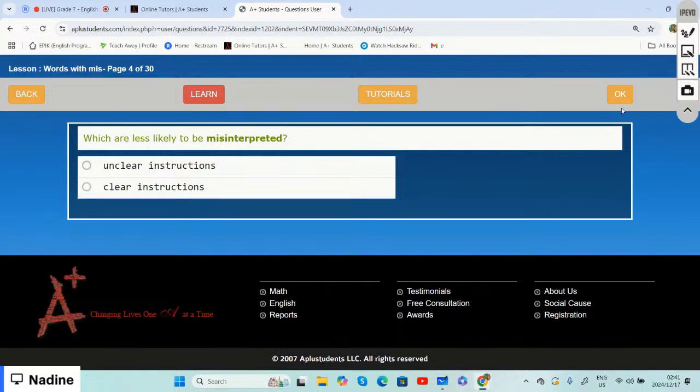Is it unclear instructions or clear instructions? Things that are less likely to be misinterpreted. Less likely. Unclear instructions or clear instructions?